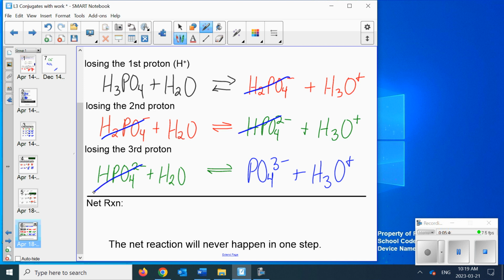So my net reaction really is H3PO4, which is what you start with. There's 3 waters.